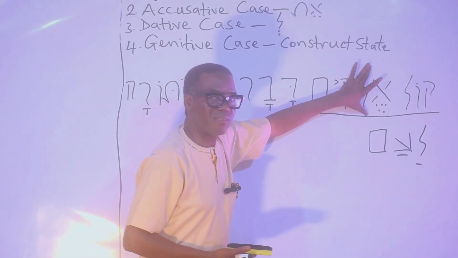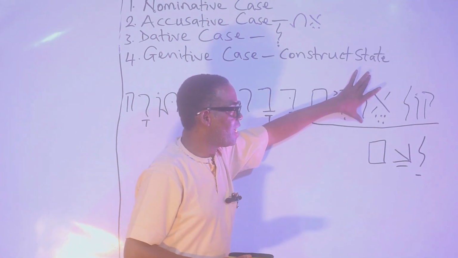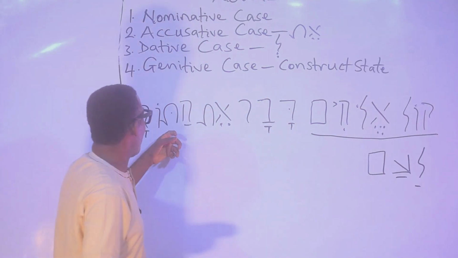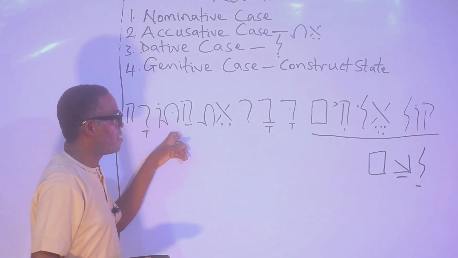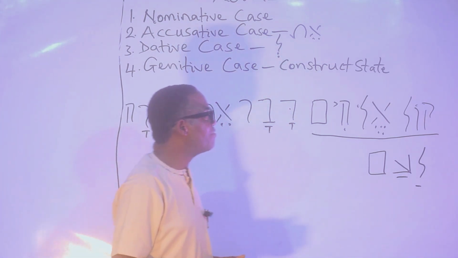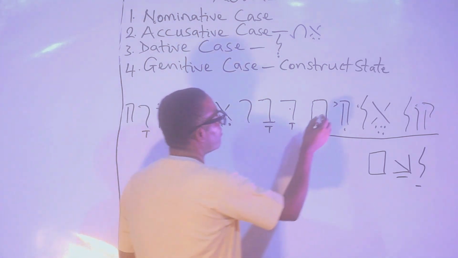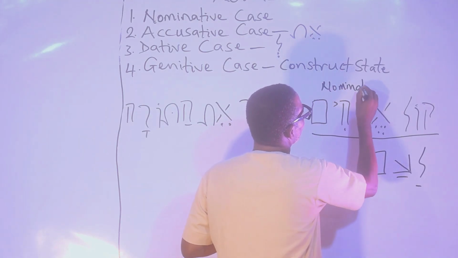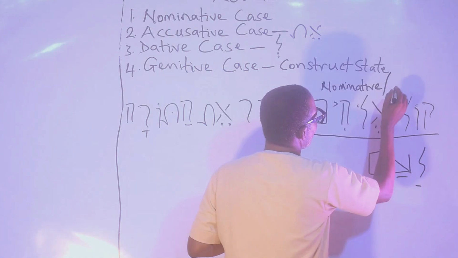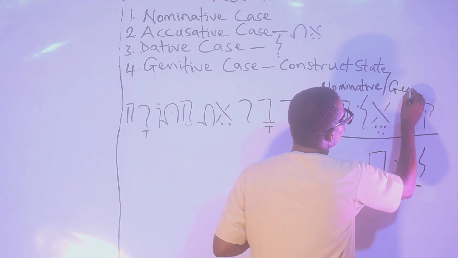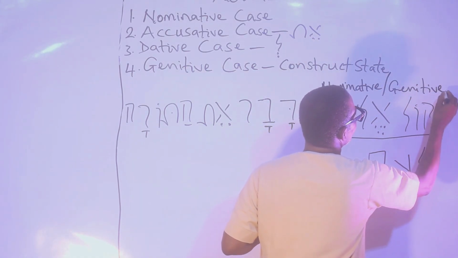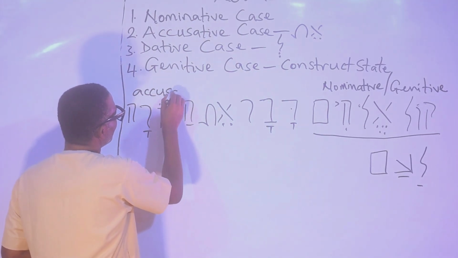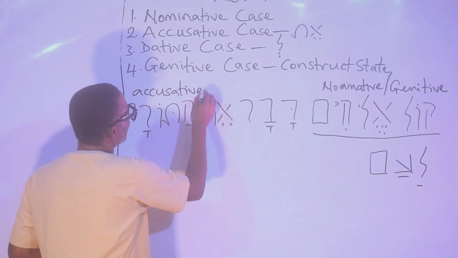Now we have the subject, and genitive case can be drawn out of the nominative case. We have the accusative case. Then we have the dative case. Let me write them on top. Nominative case / genitive case. Then here we have accusative case.